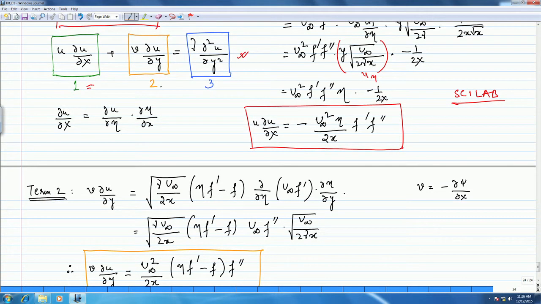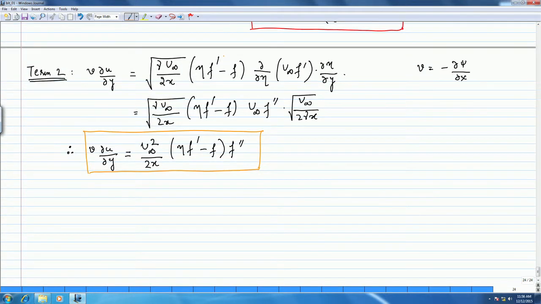The third term is nu del 2u del y2. If I have to do this, it is nu del 2u del y2, which is again equal to nu del y of del u del y.